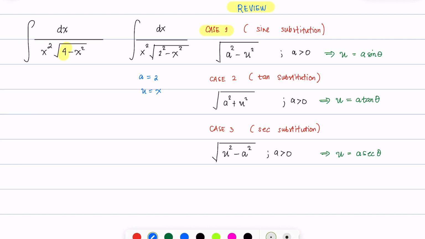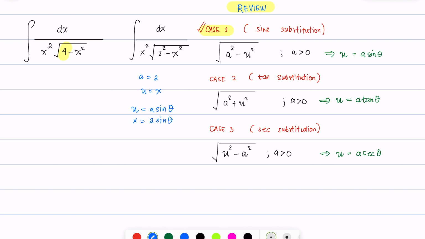Alright, so we're sure that we're going to utilize the first case. So according to case 1, you let u be equal to a sine theta. Now in this specific context, our u is x, our a is 2, so x equals 2 sine theta. That's the very basic substitution that we're going to use.